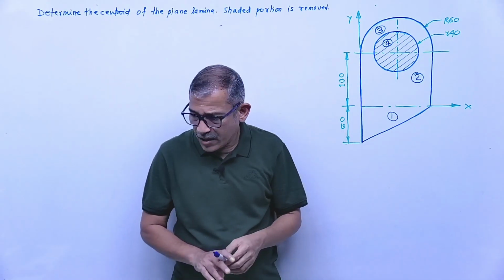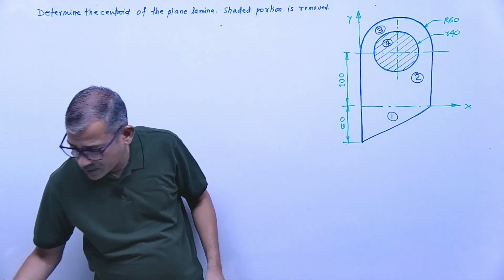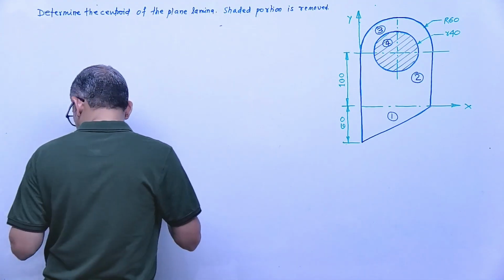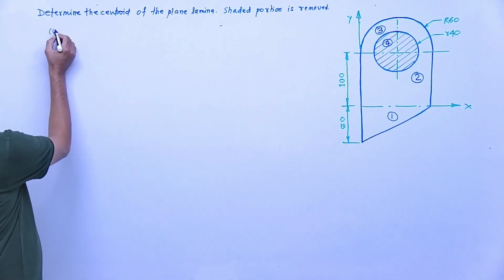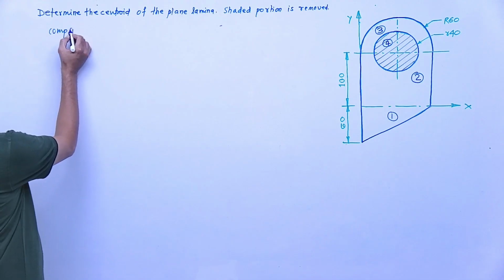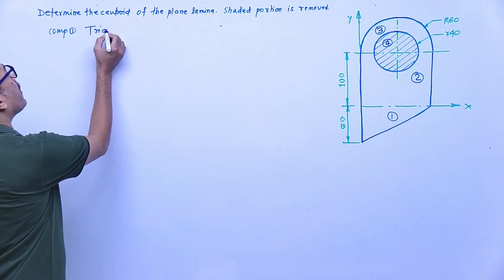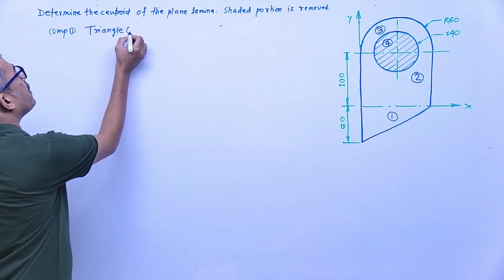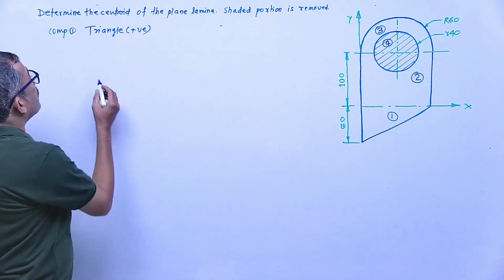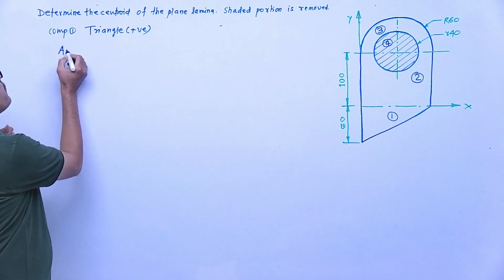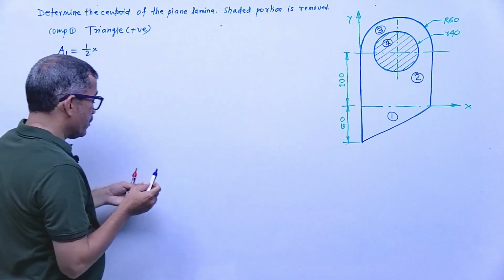Okay. Now step by step we will represent all components. See here. First component number 1. This one is the first component, the triangle. For the triangle, this area is positive. Now A1, the area of the triangle, all you know is half of base into height.